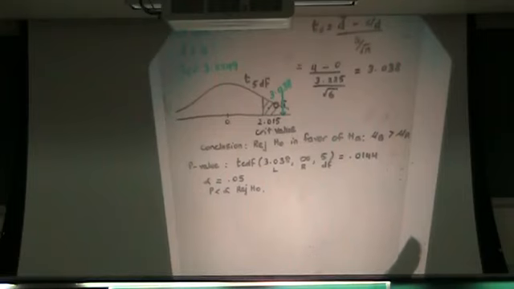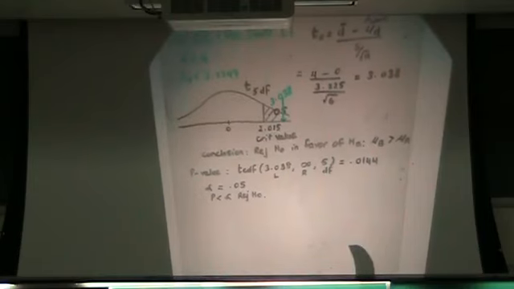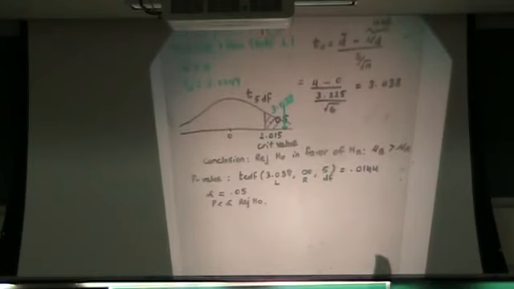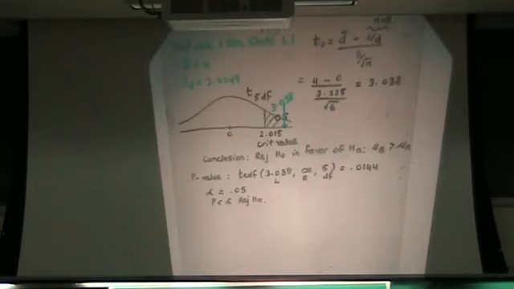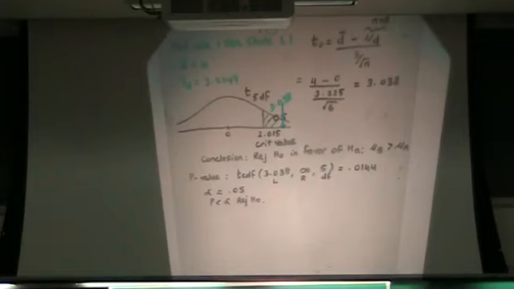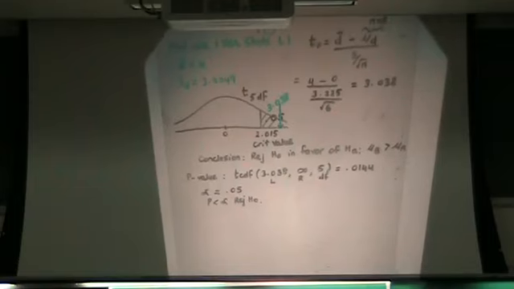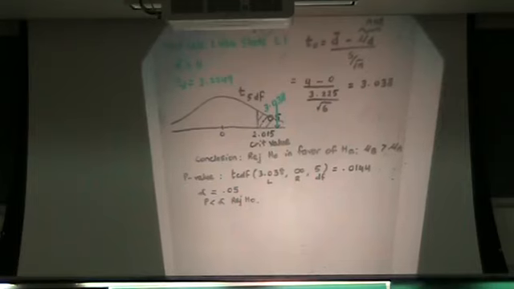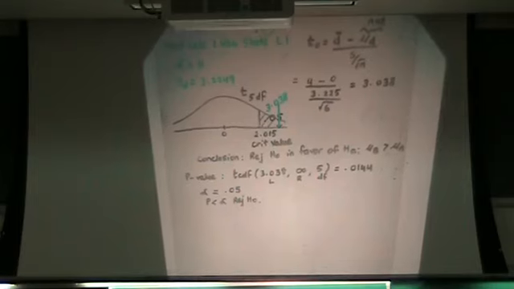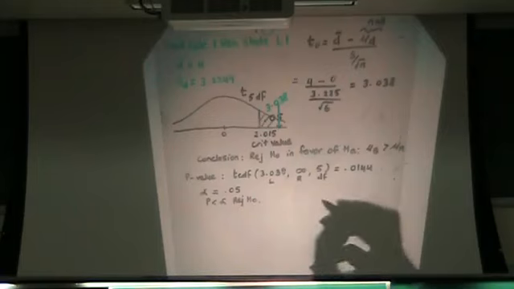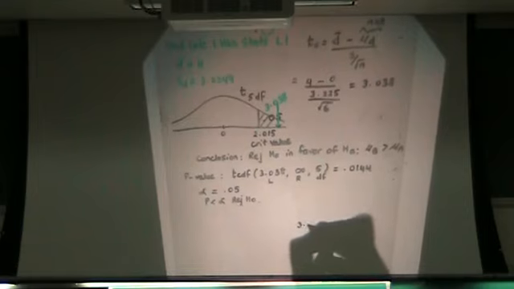Agree? If I had to estimate the p-value, it wouldn't be a big deal. I would go to my 5 degrees of freedom. Let me find a t-table. So I go to my 5 degrees of freedom and I try to place 3.038 somewhere. 3.038 is the T-naught.